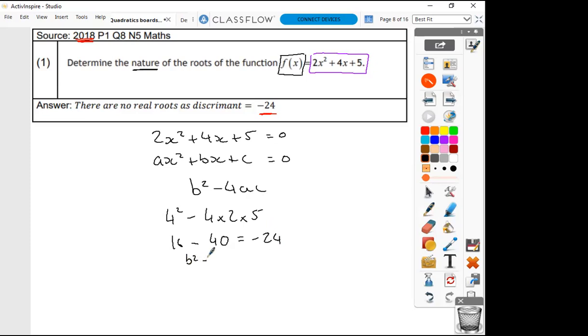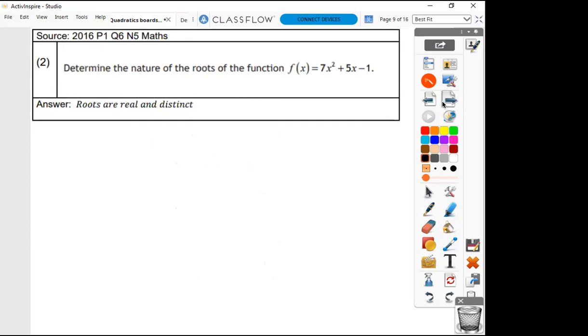Therefore, b squared minus 4ac is less than 0, which means there are no real roots. The discriminant is minus 24. So they'll ask us for the nature of the roots or something about the discriminant.